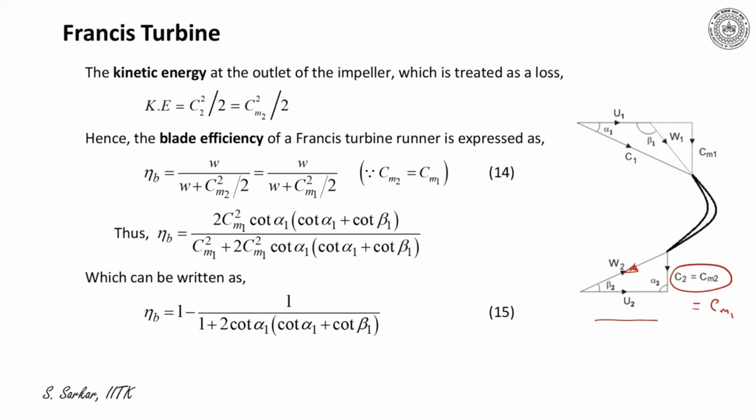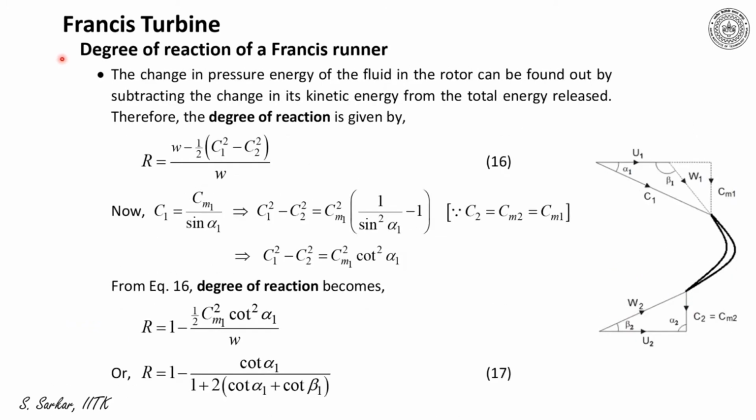Thus, equation number 15 is an important equation which states the efficiency of a Francis turbine blade. Now, the degree of reaction of a Francis turbine. The change in pressure energy of the fluid in the rotor can be evaluated by subtracting the change in its kinetic energy from the total energy released.